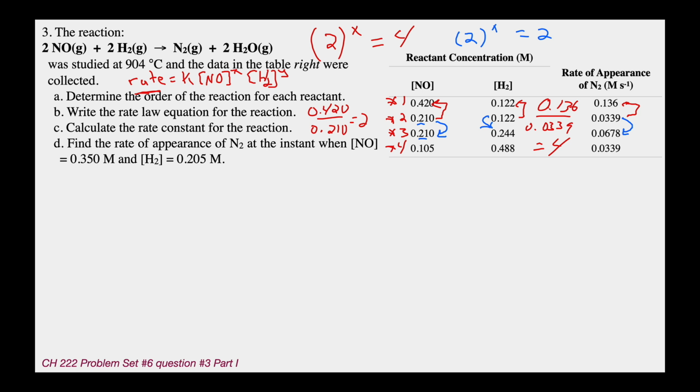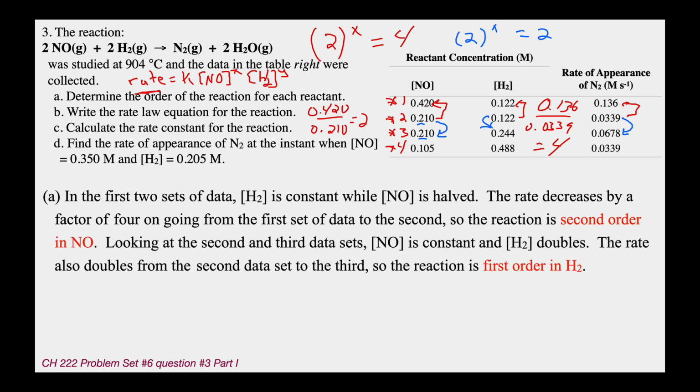So this is one way that you can go through and find these orders of reaction. You want to have a series of data, and you're going to change one reactant concentration while leaving the other one the same. And if you do that, you can isolate these orders. So this is a lot of words, but it basically tries to show what I just did. In the first 2 sets of data, number 1 and number 2, H2 is constant, 0.122 in both.